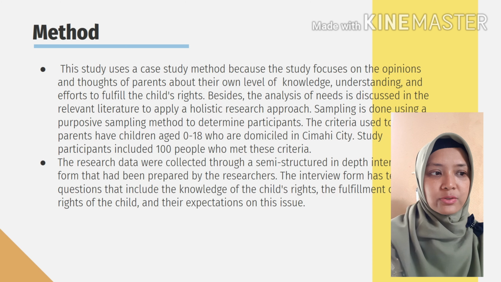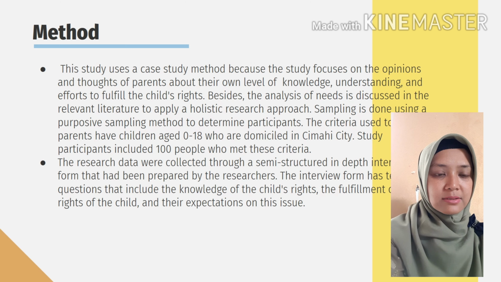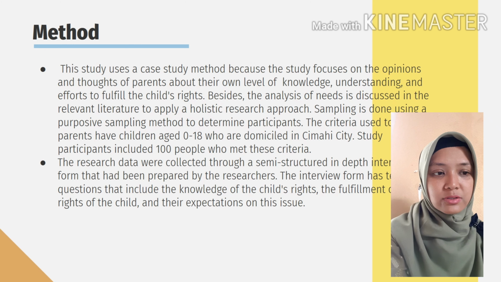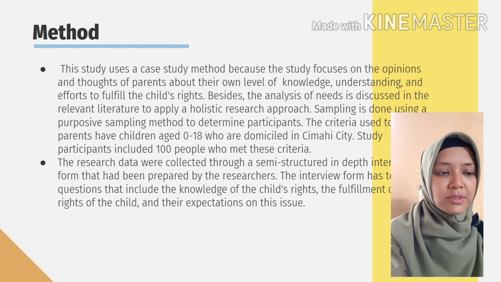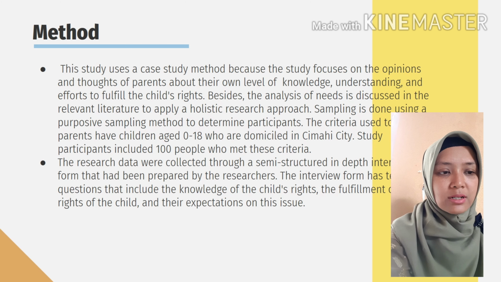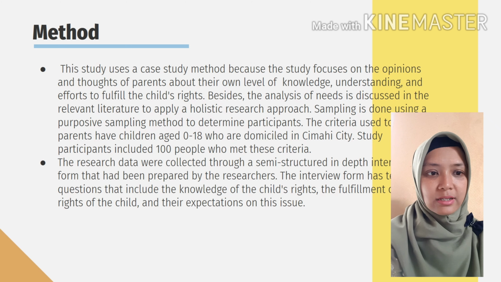Sampling is done using a purposive sampling method to determine participants. The criteria used to choose parents have children aged 0 to 18 who are domiciled in Cimahi City. Study participants included 100 people who met those criteria.